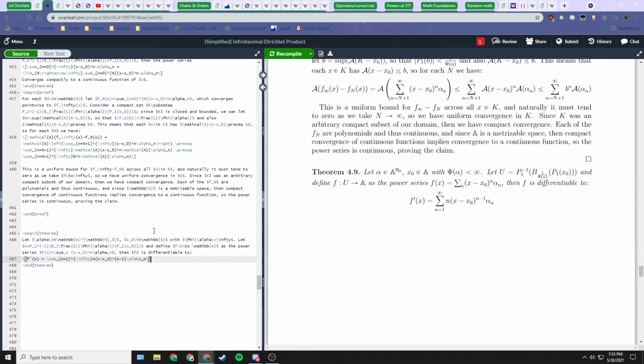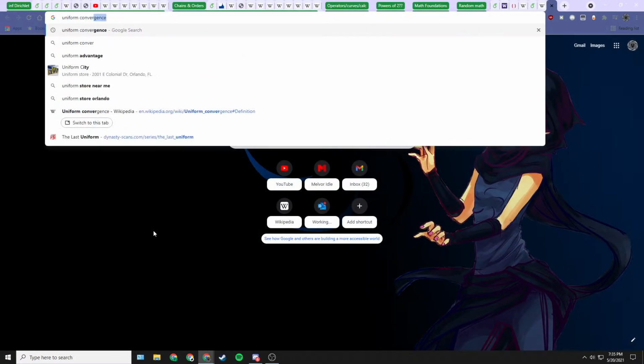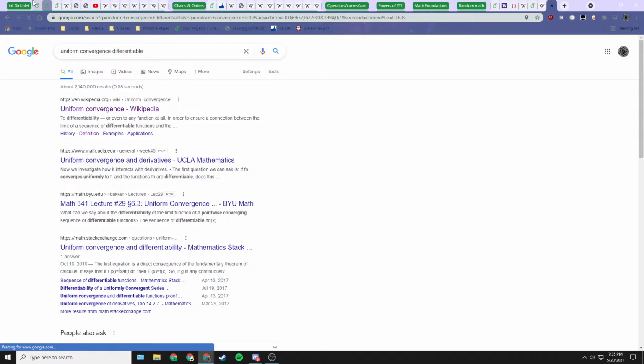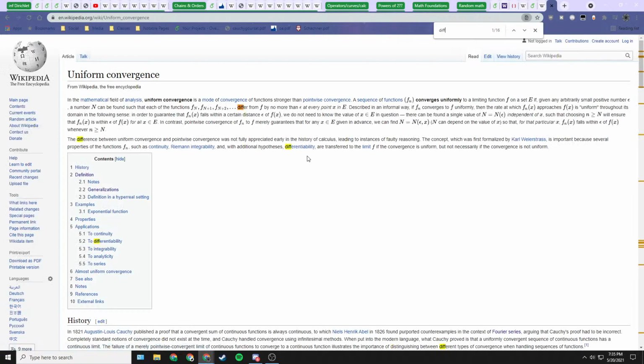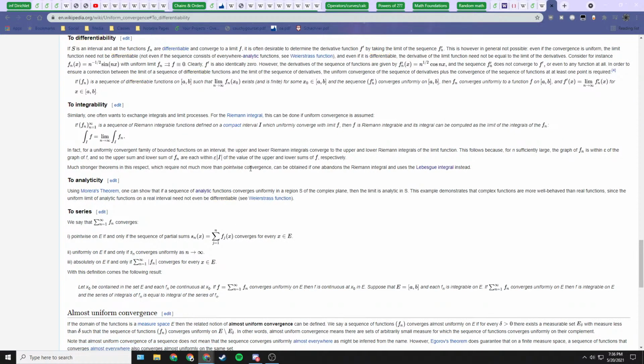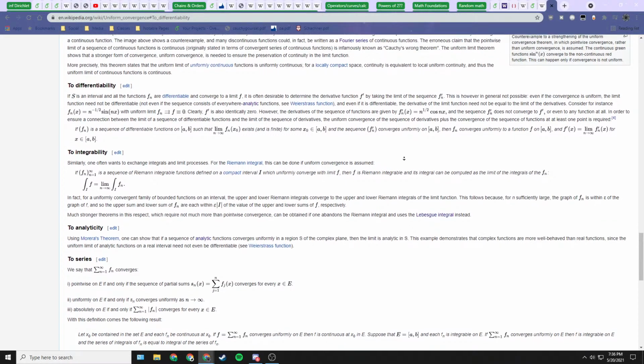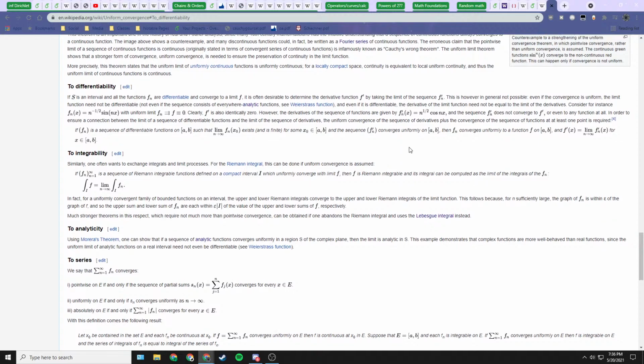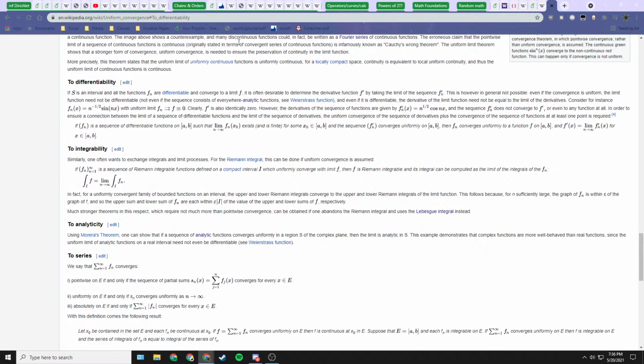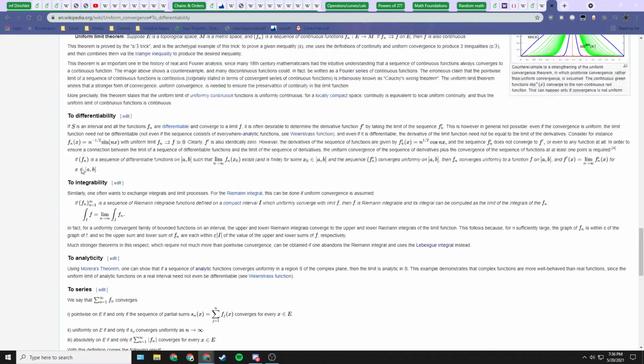In order to do a proof like that, I believe that is a theorem. Okay, let's see.